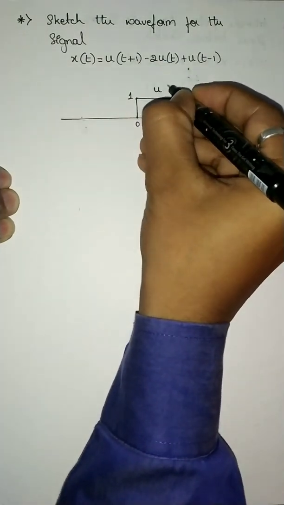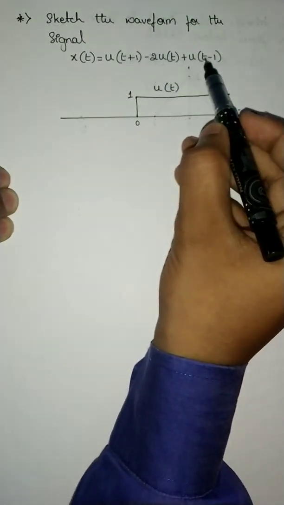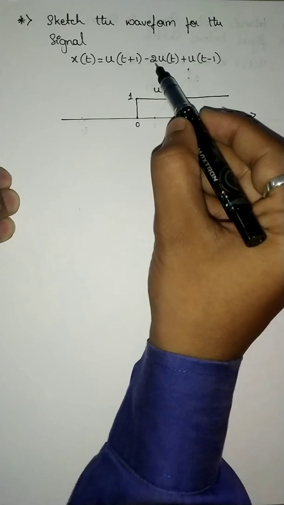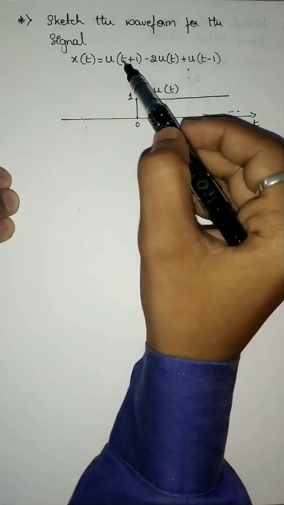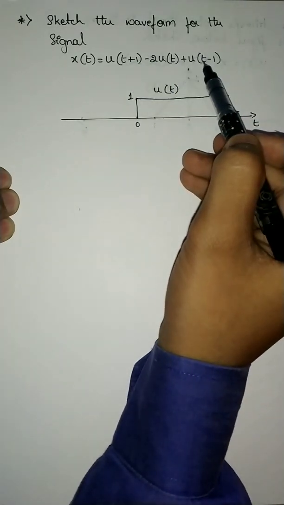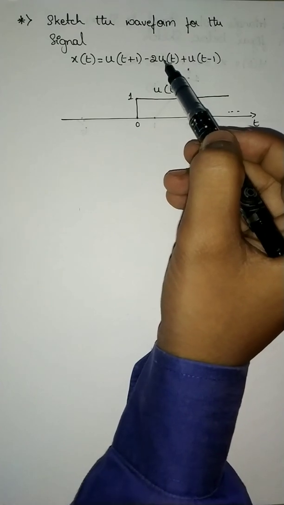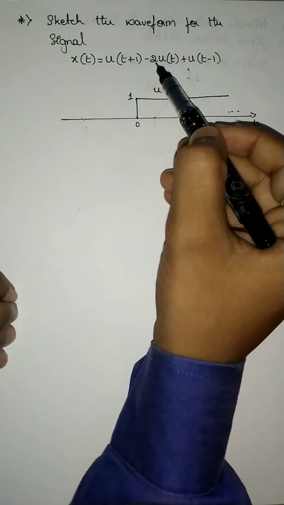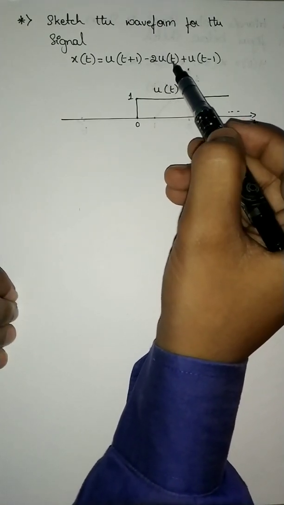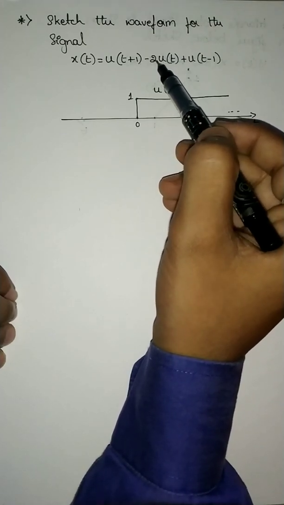This is u of t, and here we have u of t plus 1, u of t minus 1 and 2 times u of t, which means time shifting, and here we have amplitude scaling. 2 times u of t means we are multiplying u of t by 2, which affects the amplitude.